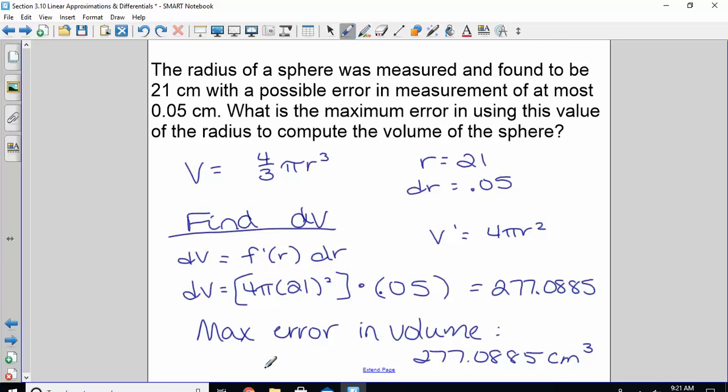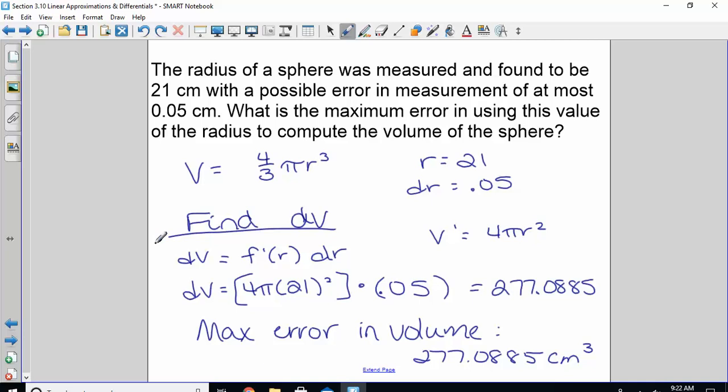In other words, if you were only 5/100th of a centimeter off when you measured your radius, your volume is now 277 cubic centimeters off. So this process is used a lot in manufacturing. If you're going to make a part and it has to fit, how accurate do all those measurements in the part have to be so that the final piece that you make will work for its intended function?